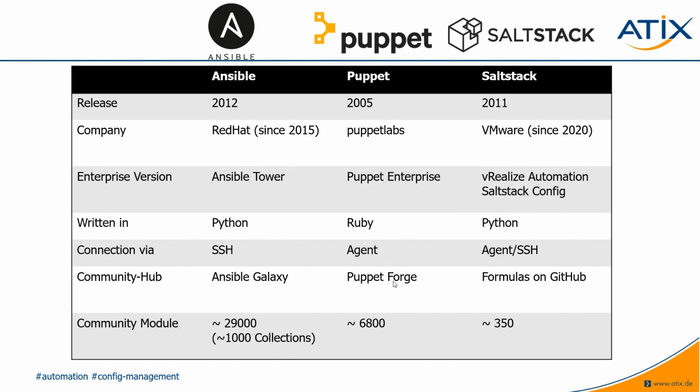Puppet, on the other side, has only around 6,800 modules, which sounds much less than Ansible. But we will later have a look at this and maybe explain where those differences come from. And SaltStack, in the end, is again much lower, with only 350 community modules in a formulas repository on GitHub.